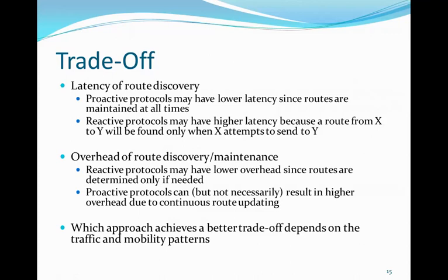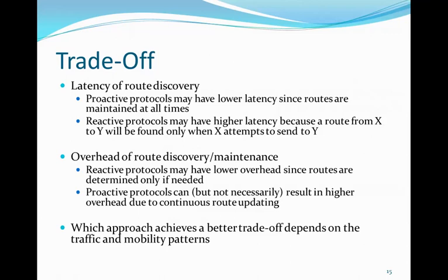While proactive protocols have a high overhead, though not necessarily every time, as I told you, it also depends on the network topology. But most of the time, as it maintains a routing table and information about its neighborhood nodes, the overhead is a bit higher.